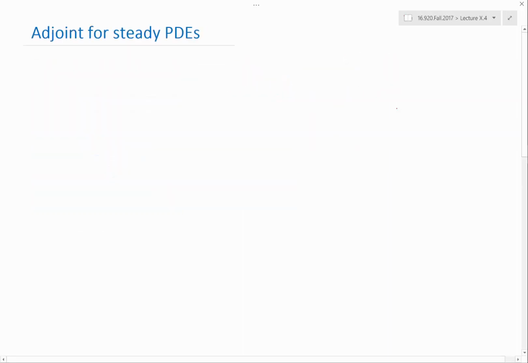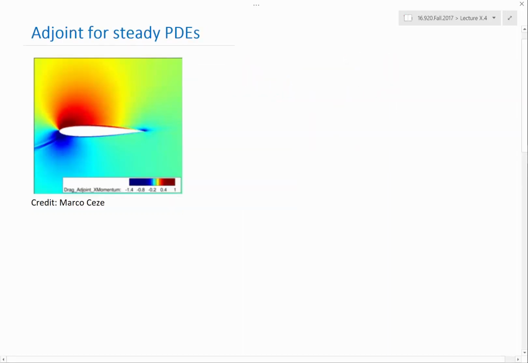So for example, this is the flow over an airfoil, and we are looking at the adjoint solution here. It is the adjoint term, the Lagrange multiplier that gets multiplied on the x momentum equation. The equations we are solving are basically conservation of mass, momentum in x, y, z directions, and also energy, so every single equation gets a Lagrange multiplier.